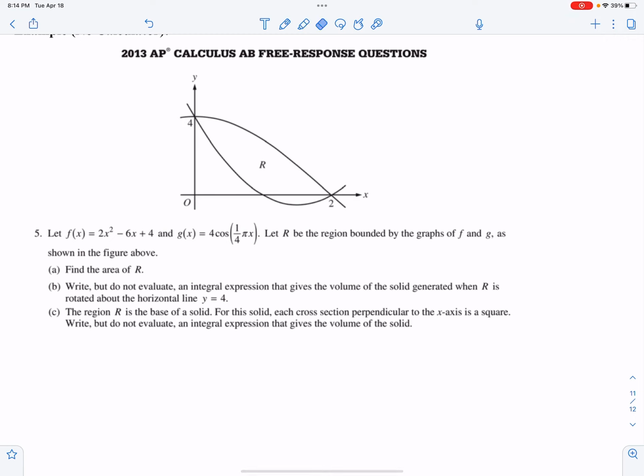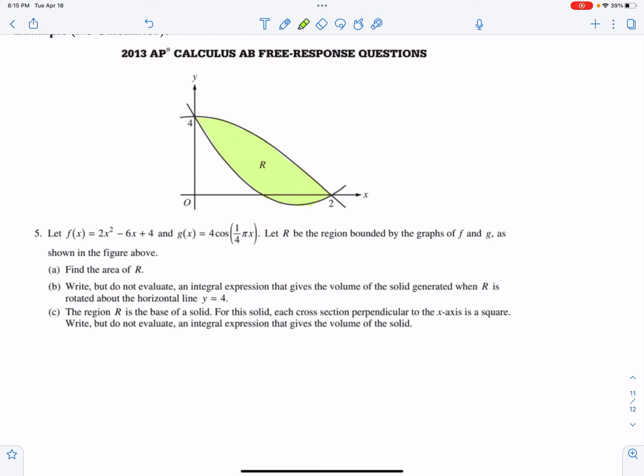But our region is bounded by the graphs of f and g. But it doesn't label which one is f and which one is g. You have to use your pre-calc knowledge in order to determine which is f and which is g.